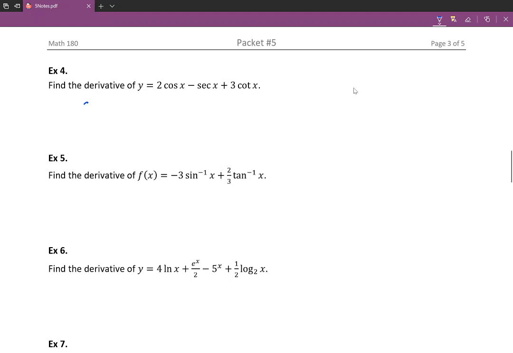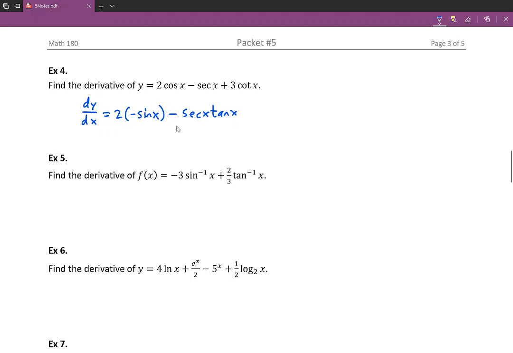So when it does, we're just going to have the derivative of cosine x right here. The 2 was a constant multiple that just got pulled out, and we just are focusing on the derivative of cosine x, which is negative sine x. Derivative of a c function is negative, and cosine and sine just go back and forth between each other. Then we have minus. What's the derivative of secant x? Secant x tangent x by the mnemonic.